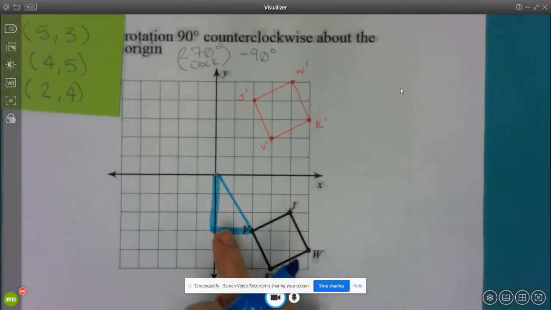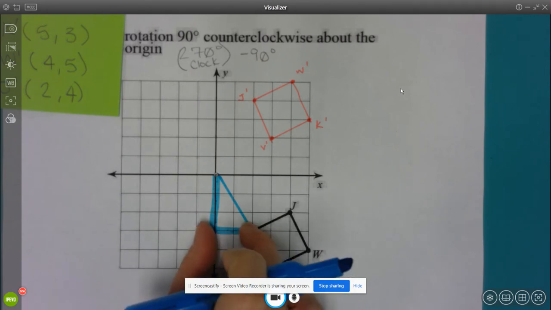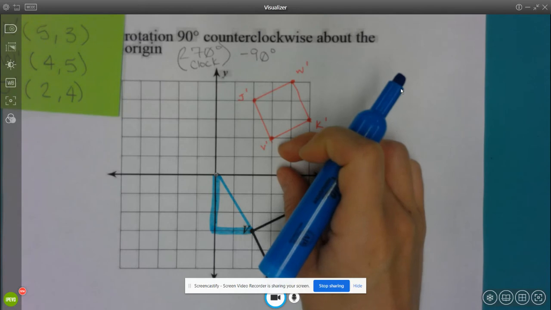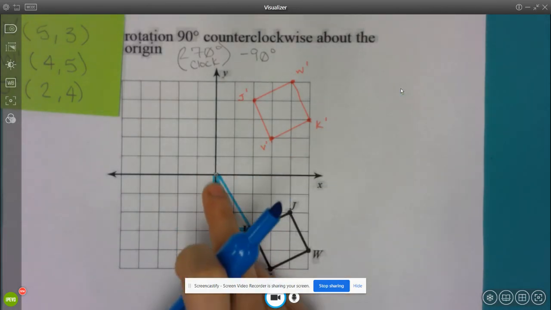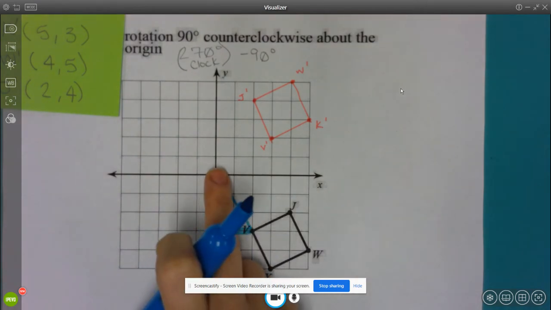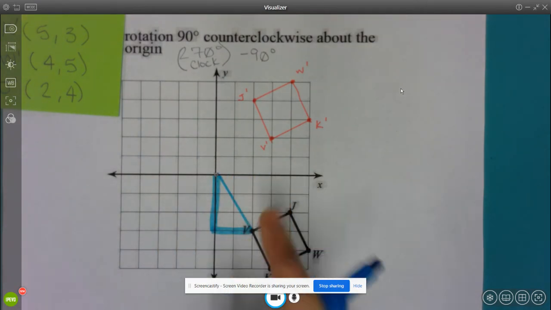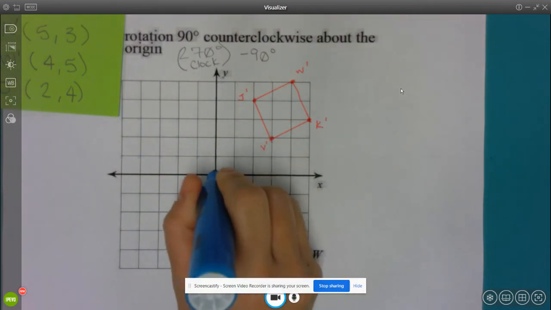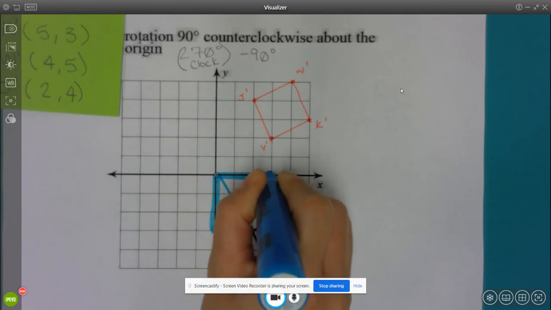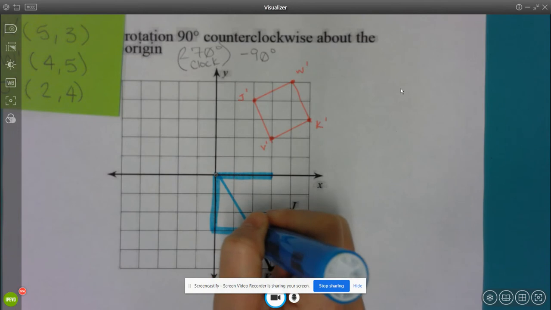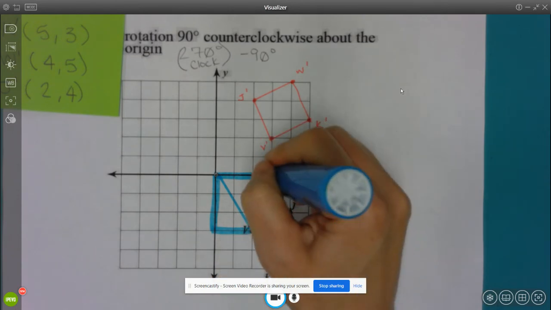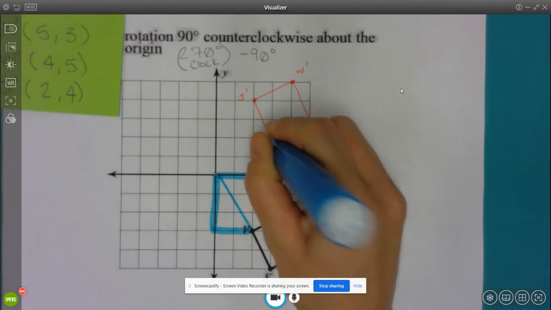Now I have to recreate this triangle, but I have to turn my triangle into this quadrant so that instead of this being a vertical distance, this is now a horizontal distance. So I would go sideways 3, and now instead of going sideways 2, I'm going to go up 2.